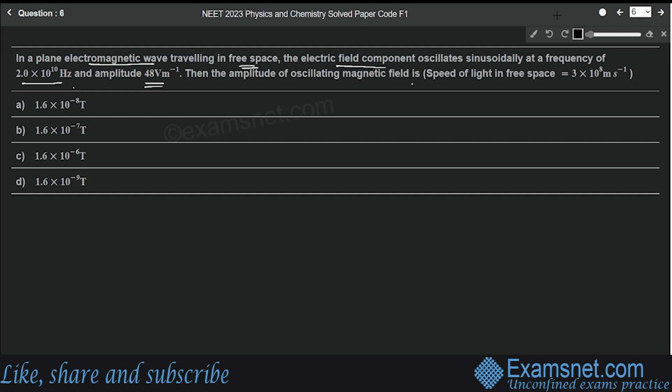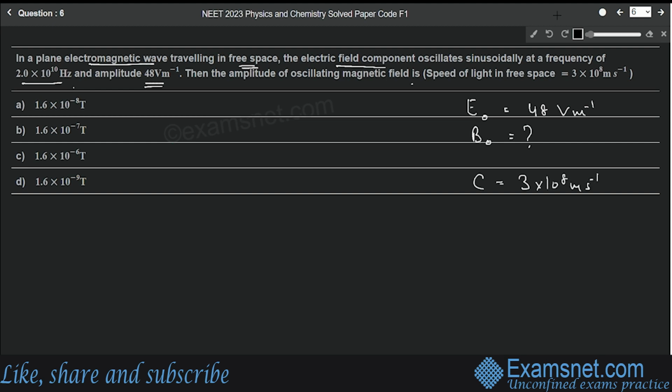Here the amplitude of electric field, E naught, is given as 48 volt per meter, and we have to find the amplitude of the oscillating magnetic field, that is B naught. The speed of light in free space, C, is 3 into 10 to the power 8 meter per second.